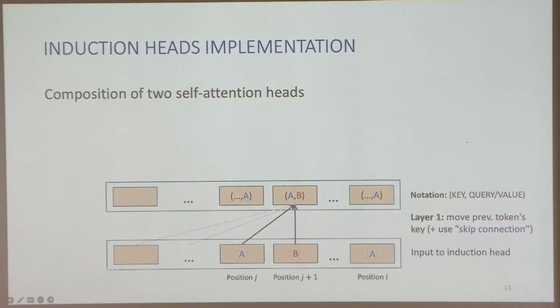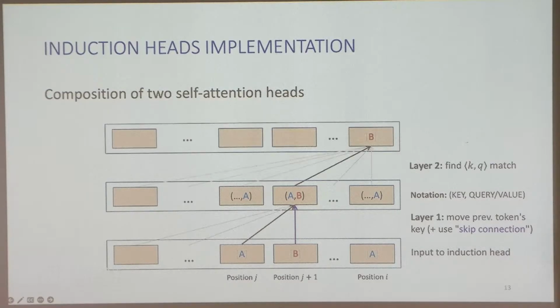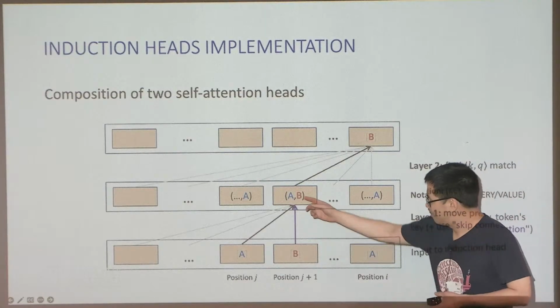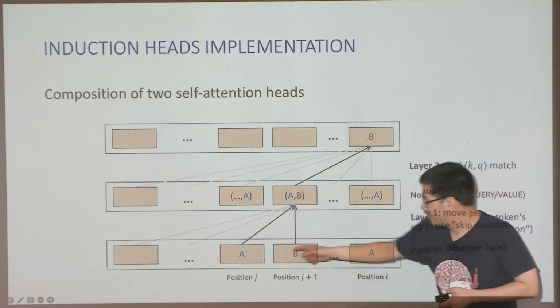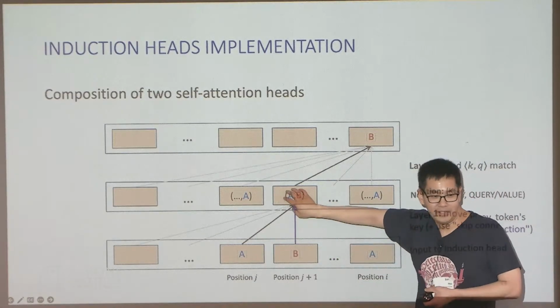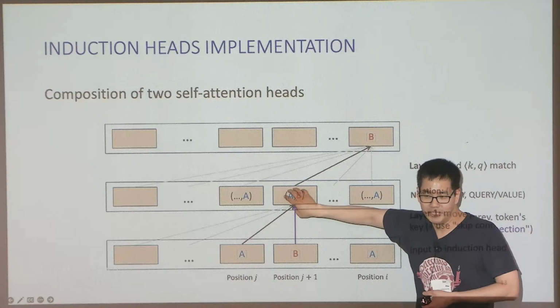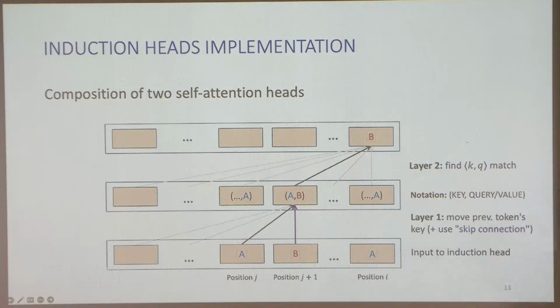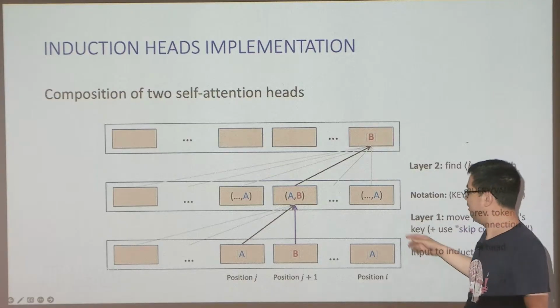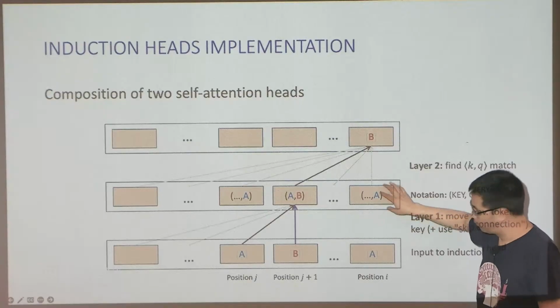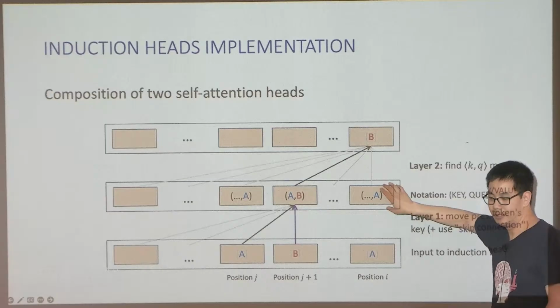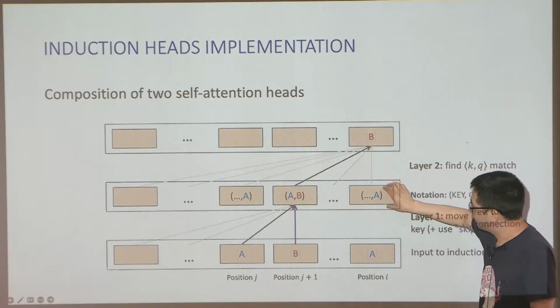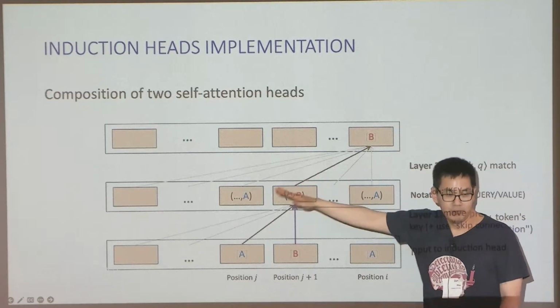And now we're in a good position to solve this induction head task, because now the information about the previous token is embedded in the information in the current position for every token in the sequence. And now the second layer just has to do the query-key match. So we want to look at the query for our current token, which is the query for this token A. And now it needs to match the keys for some previous tokens.